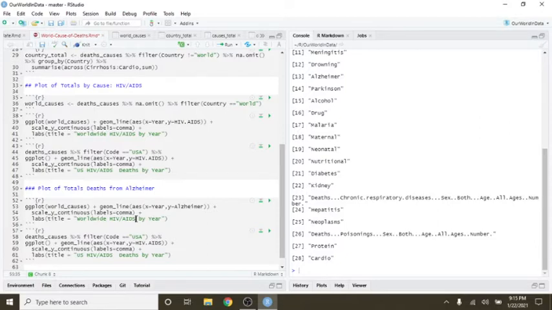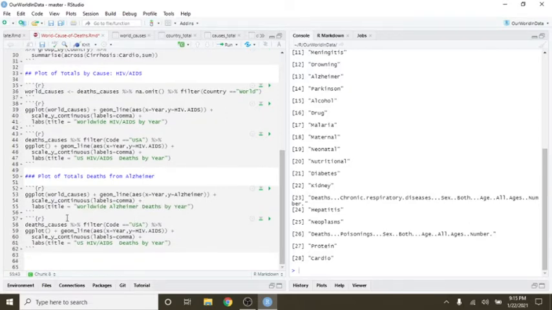Change this down here. And we're going to look at U.S. deaths, Alzheimer's deaths.